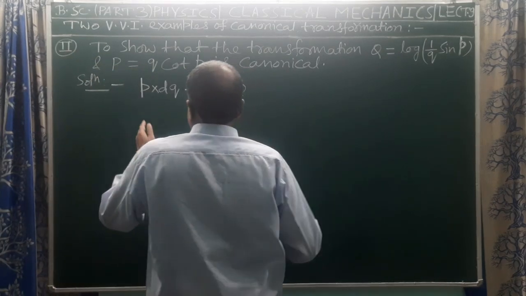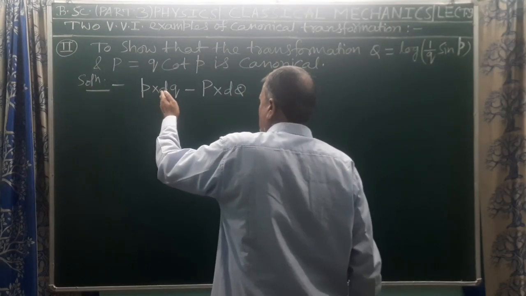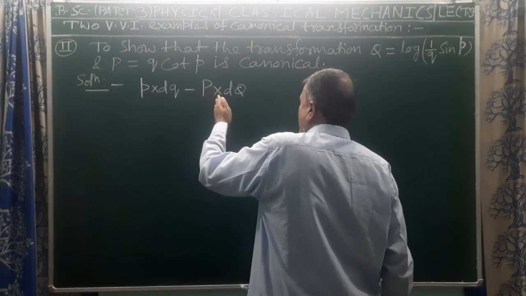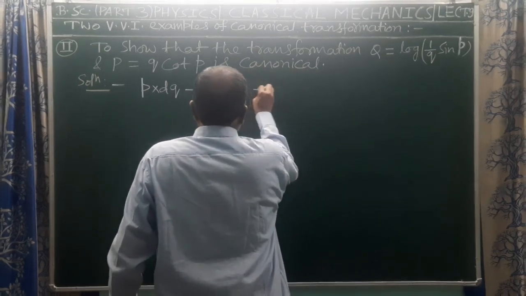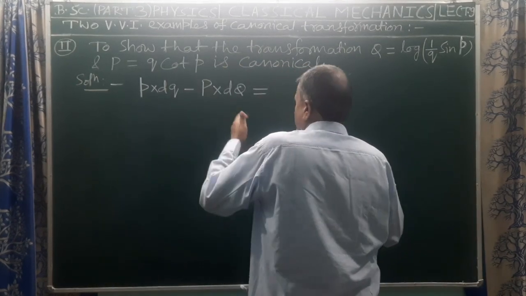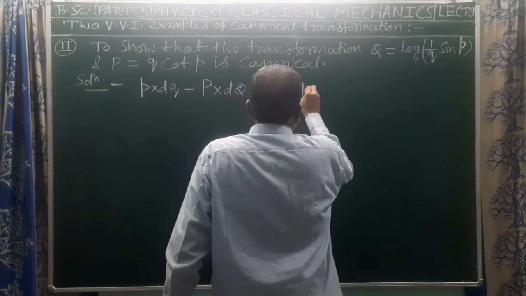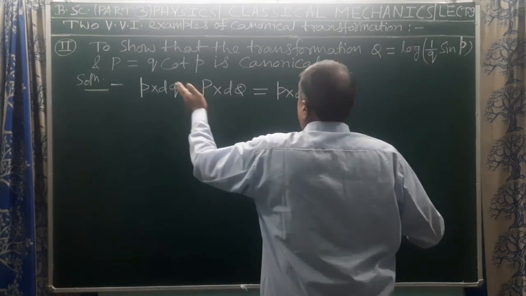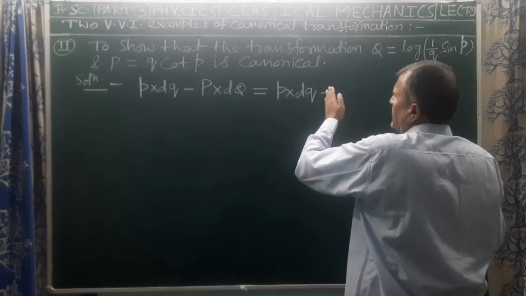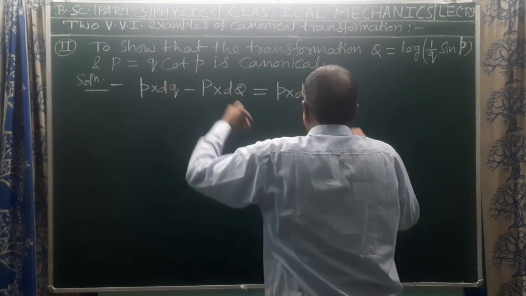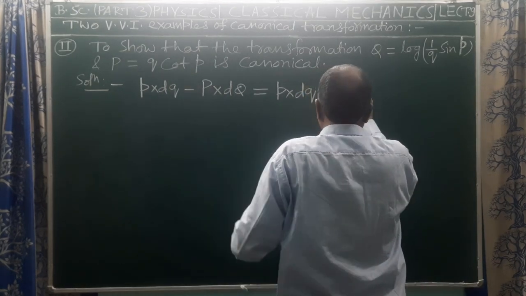So the product of small p into dQ minus capital P multiplied by dQ, we can write it as p into small p into dq minus, in place of capital P, we can write small q into cot p, which is given in the transformation.